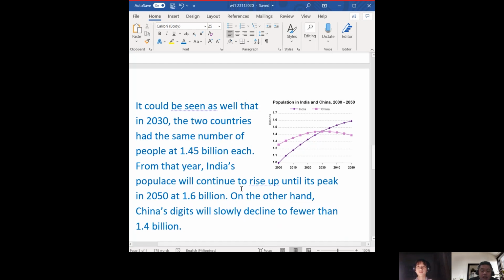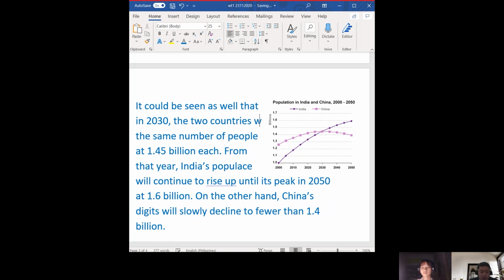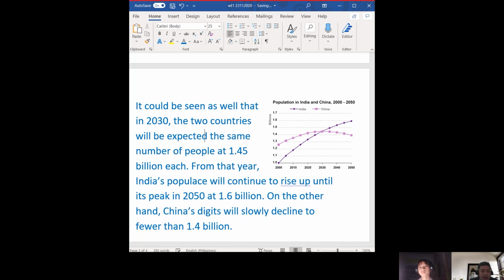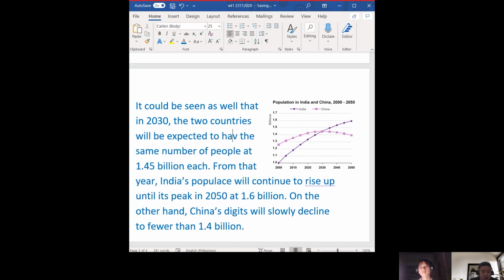Okay, so how do we call this? In this one, it could be seen as well that in 2030, the two countries will be expected to have the same number of people at 1.45 billion each.